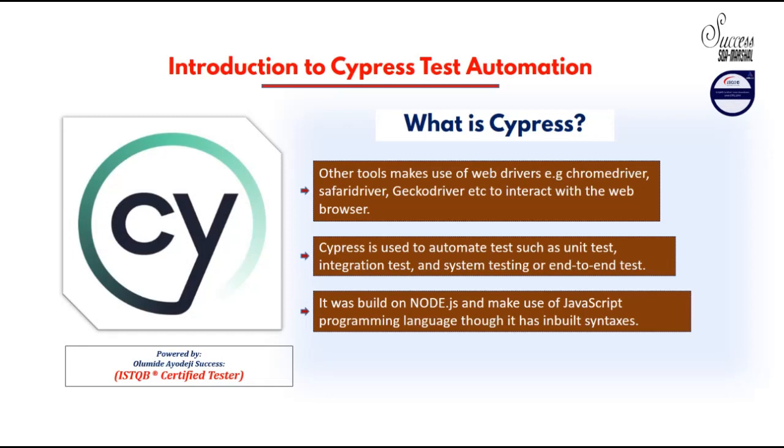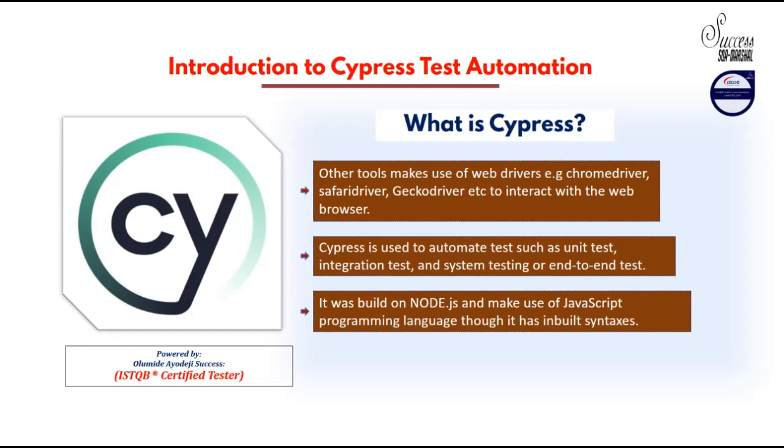Because it was built on Node.js, Cypress inherits the JavaScript programming language, and of course it can be run using JavaScript basically. But Cypress also has some inbuilt syntaxes that can be used to execute your test.